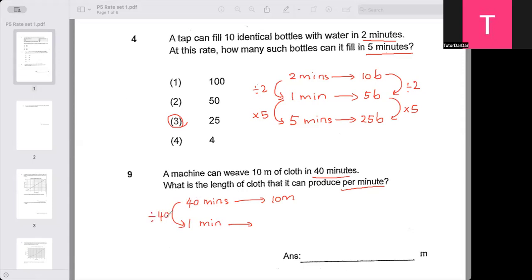If this side is divided by 40, this side is also divided by 40. So 10 divided by 40, the 0s cancel, you get 1/4. You will get 1/4 meter, or you can say 0.25 meter. You can choose any one that you like.